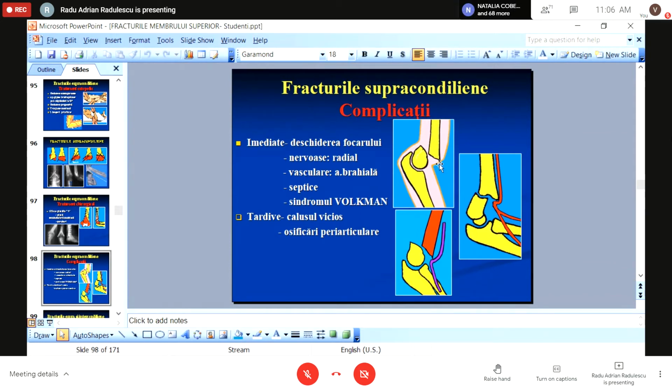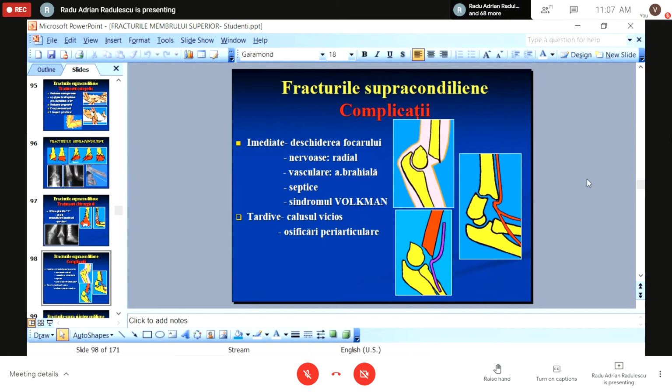Other complications may be like infection, especially in case of an open fracture, and also the Volkmann syndrome, which I will explain immediately. I can tell you from the very beginning that the Volkmann syndrome means that the pressure will increase very much at the level of the fracture site, and that will compress over the vessels.